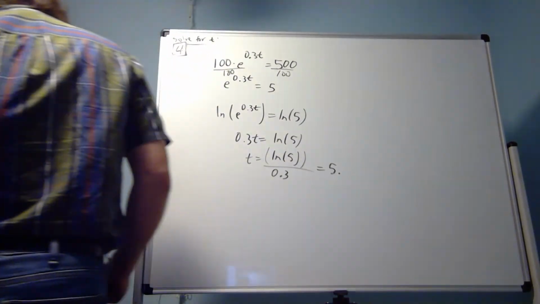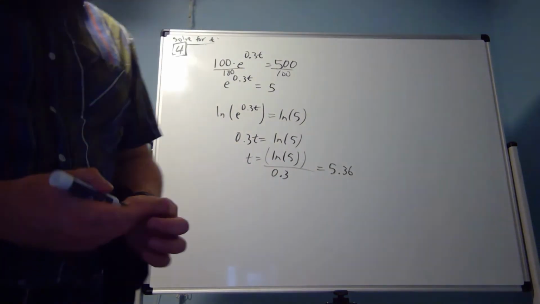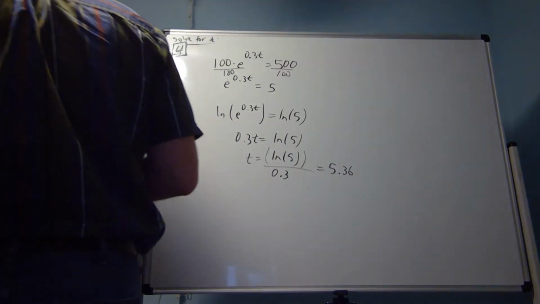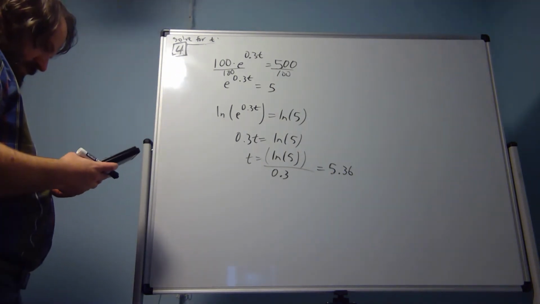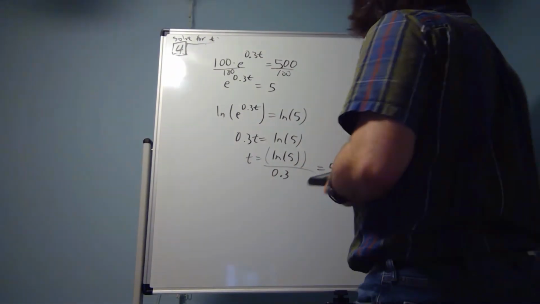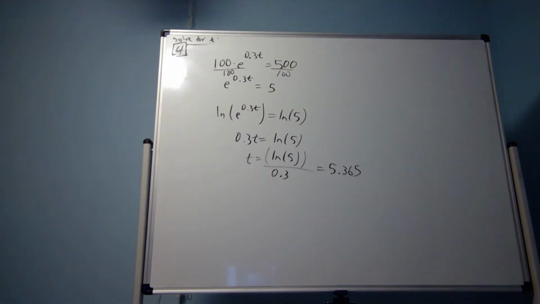I got 5.36. I guess the book would have given more decimal places, so let me do that. Okay, so that's to the nearest 1,000th. That's what you'll get.